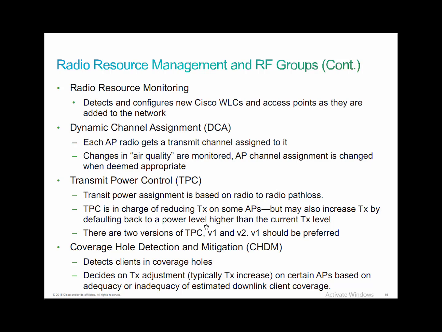Now, one of the things you do have to be concerned about when you're doing dynamic radio resource management and managing the network dynamically is cascading change effects, right? I change one thing and that ends up resulting in something else having to be changed and then another thing having to be changed and so on. So to avoid implementing constant changes that would keep the wireless network in a constant state of flux, when we're doing our initial deployment, we usually turn off radio resource management.